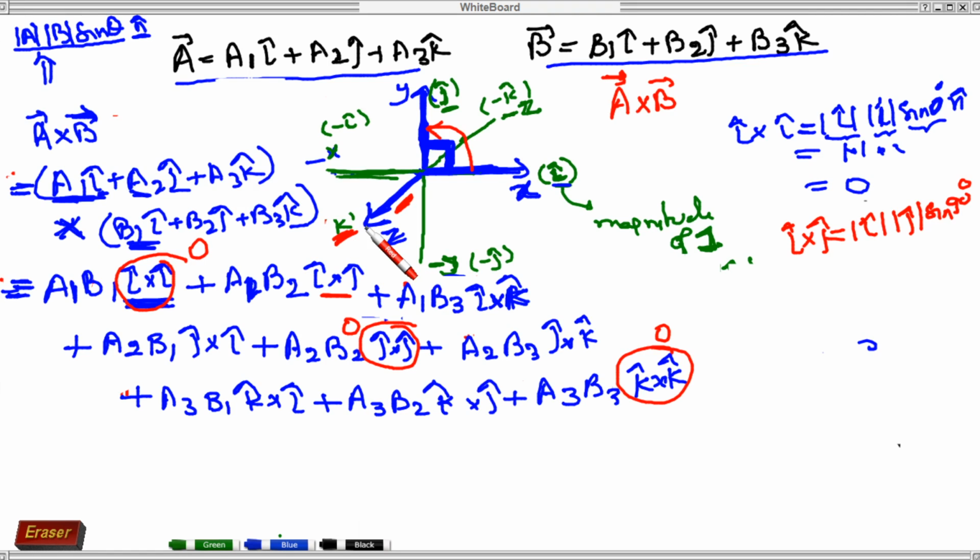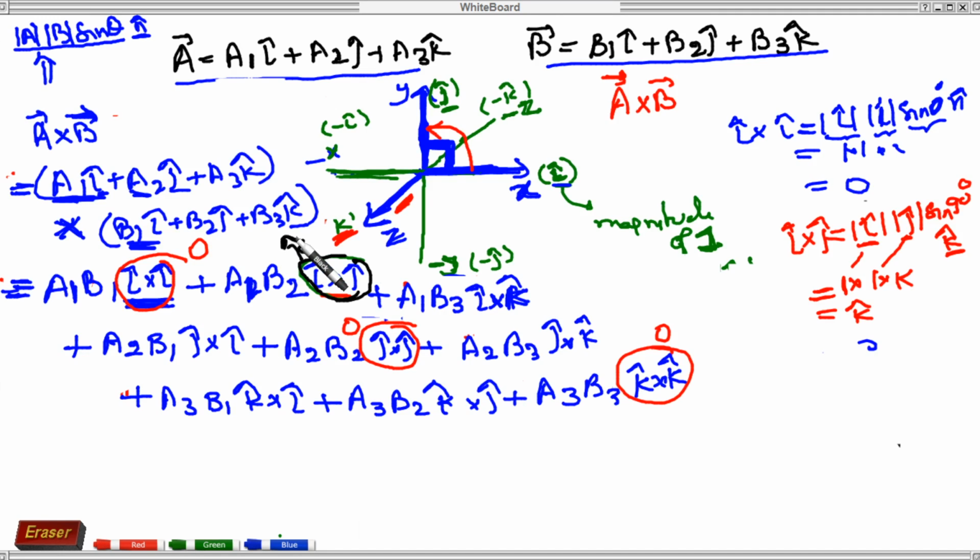So it's 1 cross 1, this is 1, this is 1, and sine 90 degrees is also 1, and this is k. So i cross j will be equal to k.